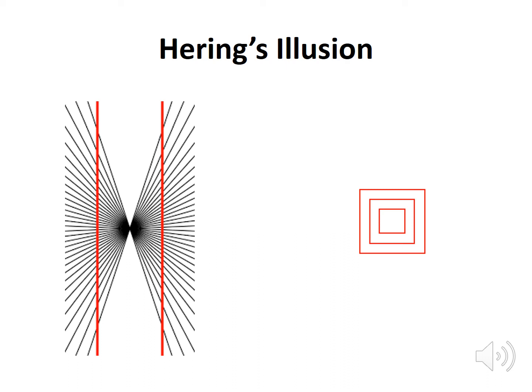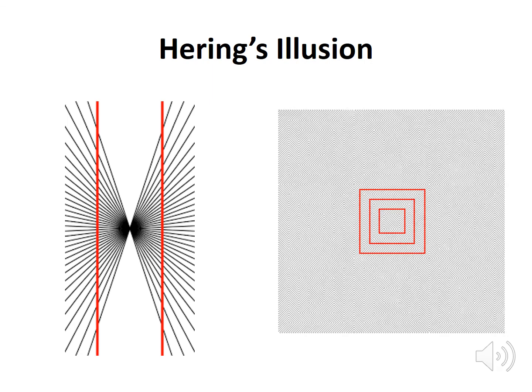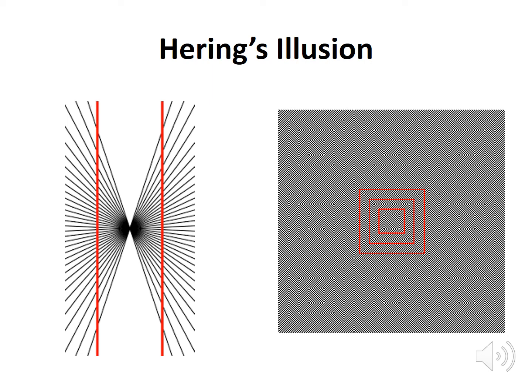Hering himself postulated that the illusion is sort of an overestimation of the angle which is made at the points of intersection with the background.